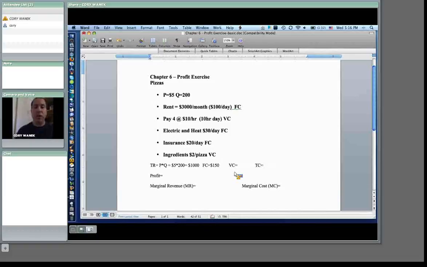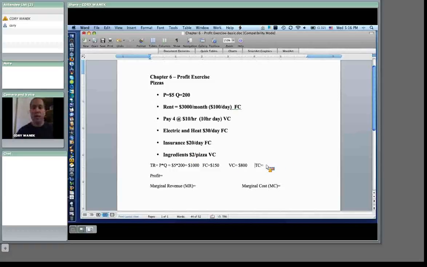Our variable cost in this case: if our output is 200, 200 times the cost per pizza would be $400 for ingredients, plus the pay, assuming they all work a 10-hour day, would be $400. So $400 for pay, $400 for ingredients because we're producing 200 pizzas. Our variable cost will be $800.